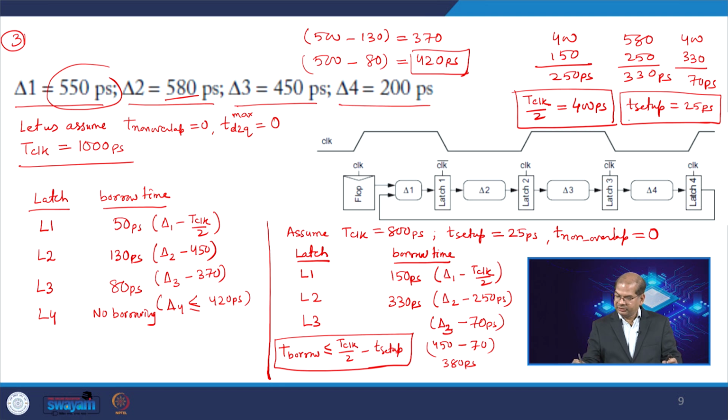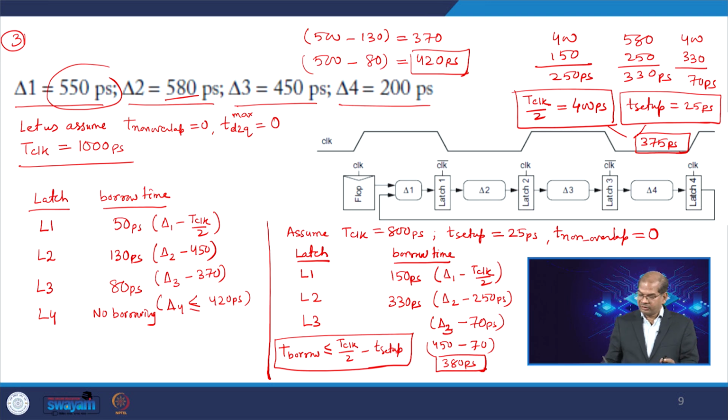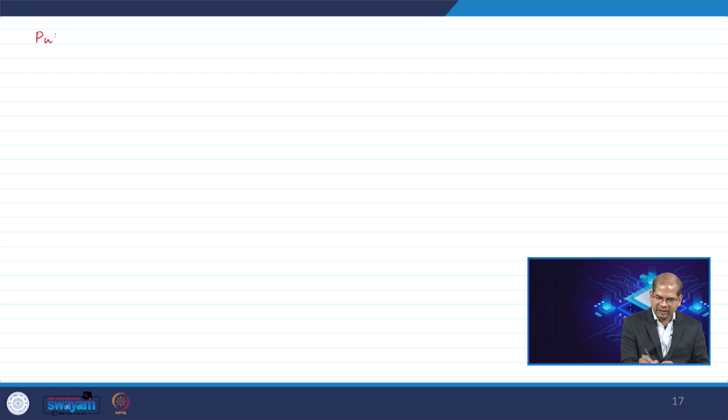As per this requirement, 375 picosecond can be borrowed, but the requirement is 380. So, your system will not satisfy the requirement when your T clock is 800 picosecond and T setup is 25 picosecond.